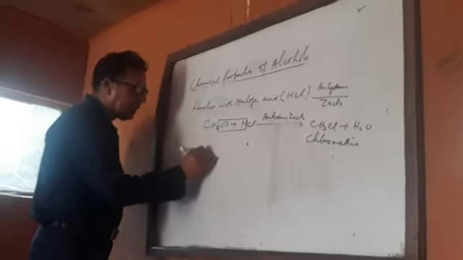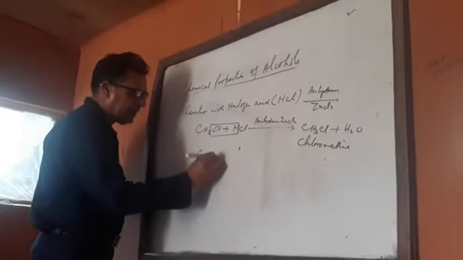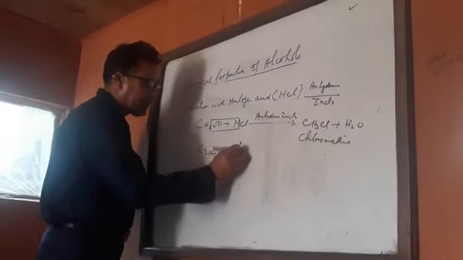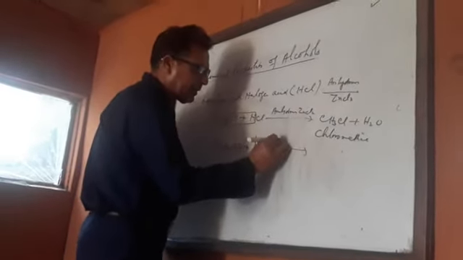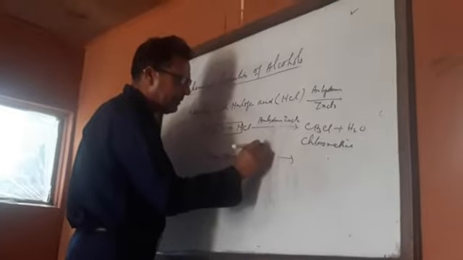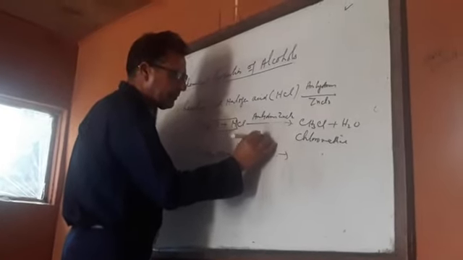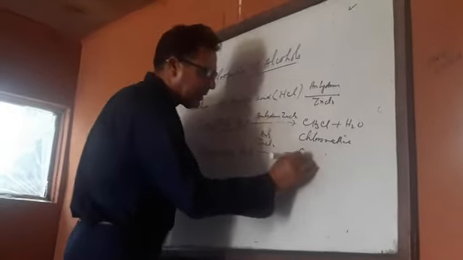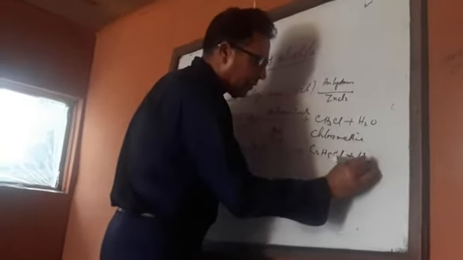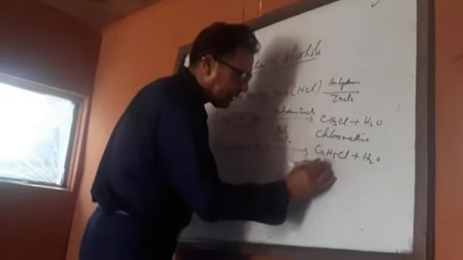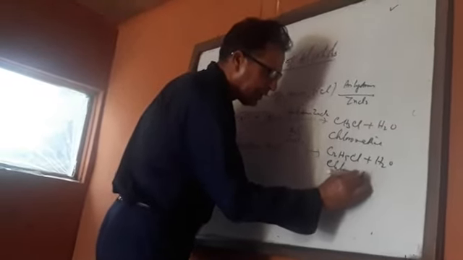So similarly, ethyl alcohol reacts with HCl. It gives, in the presence of anhydrous zinc chloride, C2H5Cl plus H2O, chloroethane.